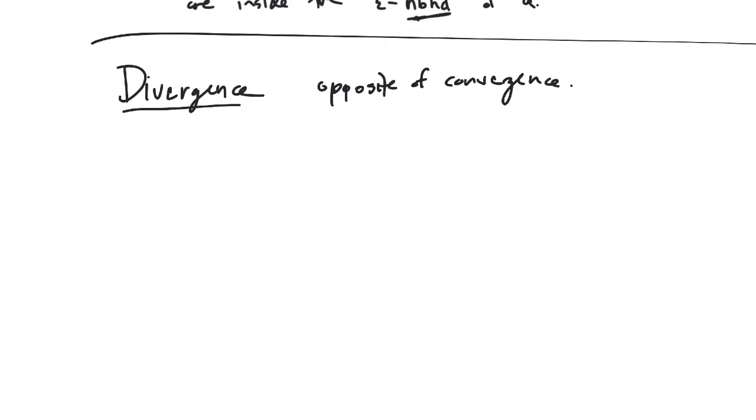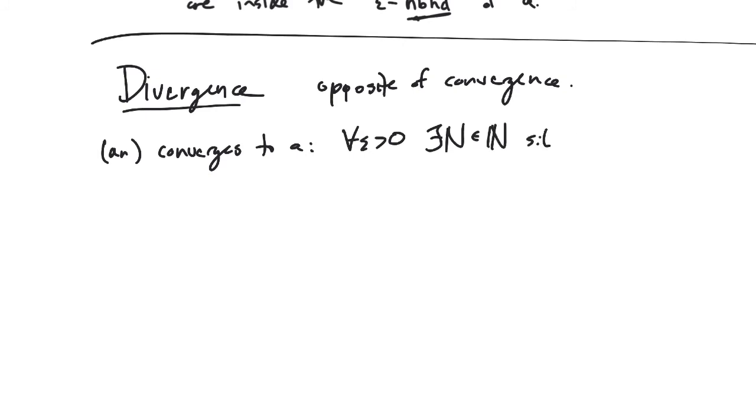So let me just write the definition again of converging. We say a_n converges to A means for all epsilon greater than 0, there exists N, a natural number, such that n greater than N implies the absolute value of a_n minus A is less than epsilon.